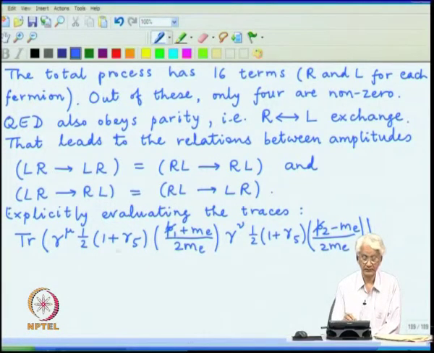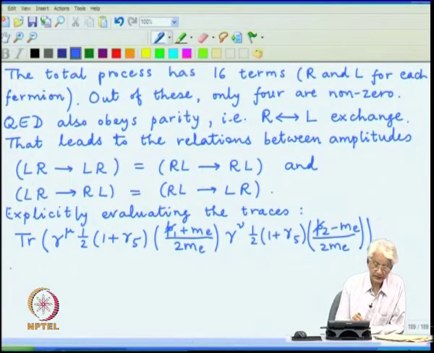I have just introduced the half (1 plus gamma 5) both for the electron wave function as well as for the positron wave function, and this actually corresponds to the helicities being opposite for the electron and the positron. In terms of the u and the v wave functions, the projection operator is the same, 1 half (1 plus gamma 5), and that is according to the conventions which we have set up.